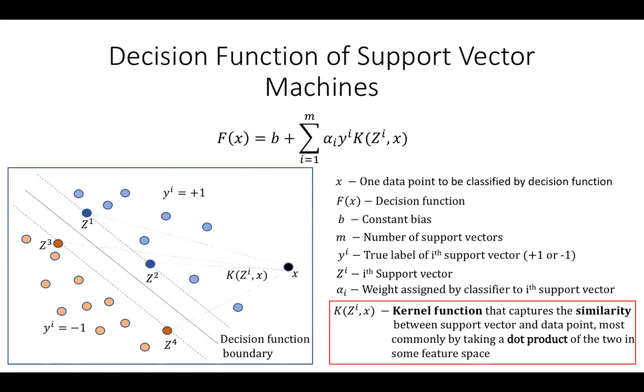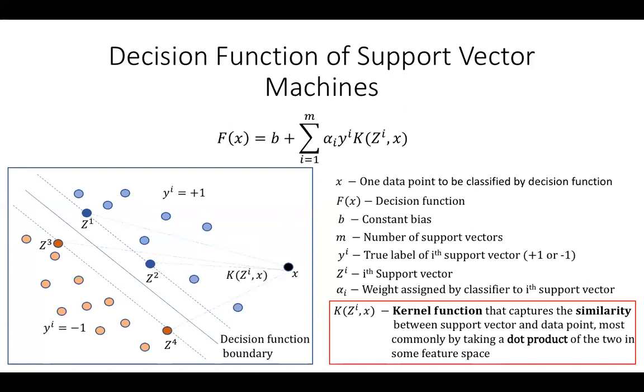So in this slide, I'll talk about the decision function of SVMs. As we show in the diagram on the left-hand side, an SVM essentially takes a set of input examples, the blue and orange dots, and classifies them as either positive or negative. Here we have the blue as positive, labeled with y_i as +1, and orange as negative, labeled with y_i as -1.